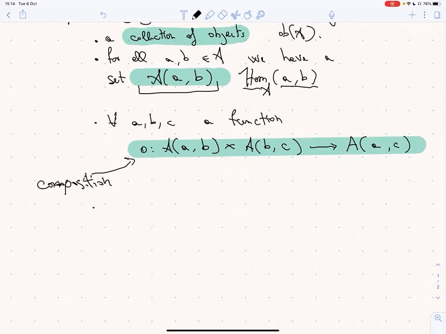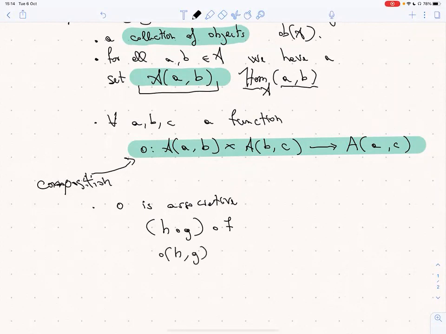So this composition should obey some associativity. So this is associative, which means that if I have H composite with G and then composite with F, so this is called, I'm not sure if this is the Polish notation, or the Polish notation would be this one. So one is called Polish notation and the other is called, I think, infix notation.